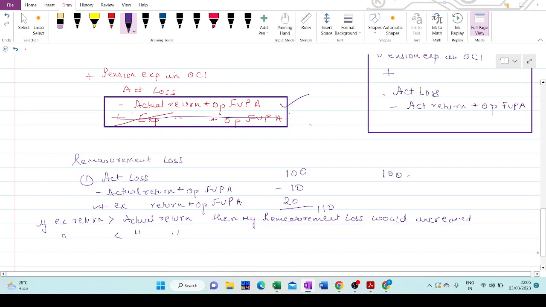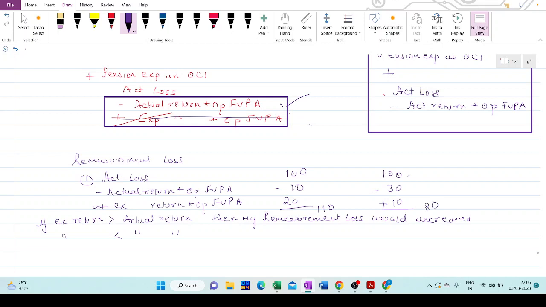So if my actuarial loss is 100, my actual return is 30, and my expected return is 10, then my remeasurement loss would be how much? 80, right? So if the expected return is greater than the actual return, then remeasurement loss would increase, and if expected return is less than the actual return, then my remeasurement loss would decrease.